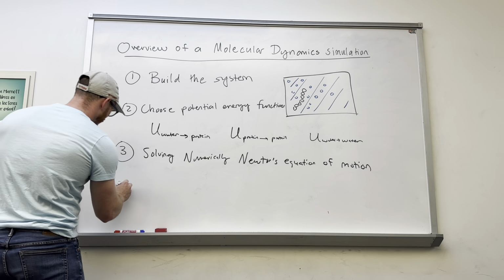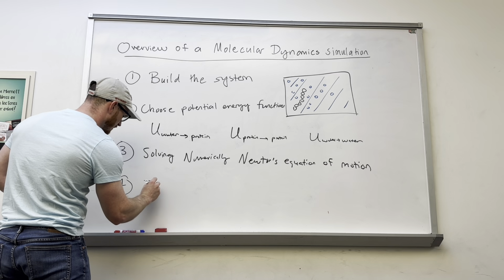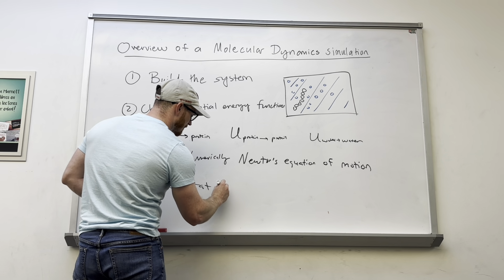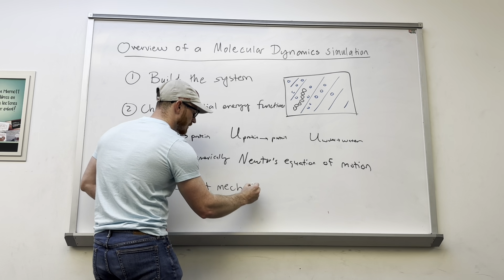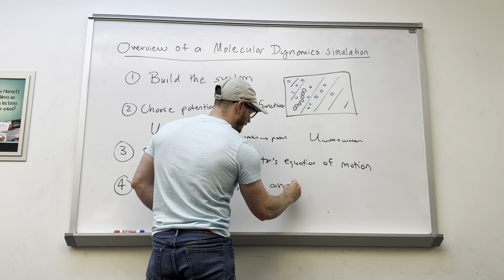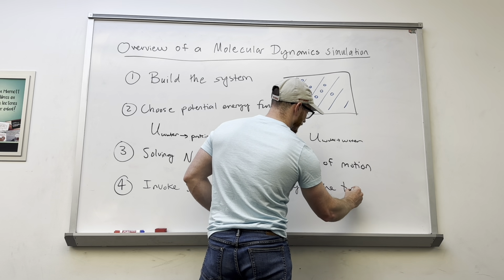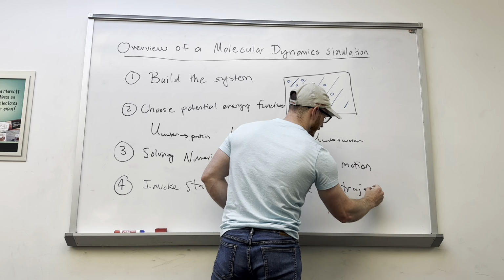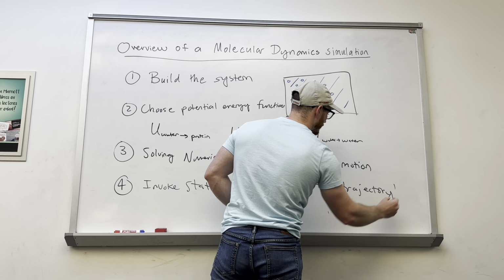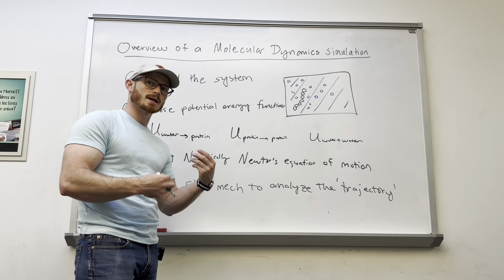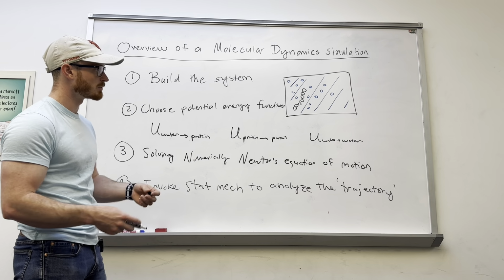And from that, we need to invoke statistical mechanics to analyze how the particles move, to analyze the trajectory, as we'll call it. The trajectory is how the particles are moving around in space. You can think of the trajectory as a movie of how these particles are moving around.